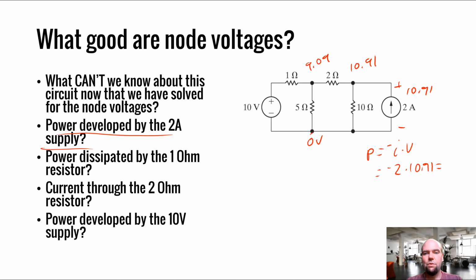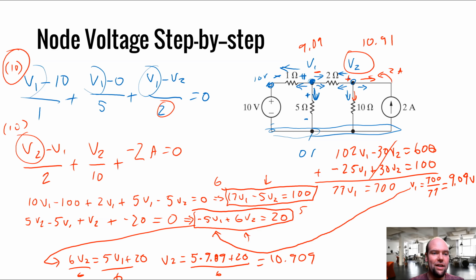What else? What if we want to know the power dissipated by the 1 ohm resistor? So what's the voltage across this 1 ohm resistor? Well, if we know the voltage, we can do power is equal to V squared over R. We actually already solved for the voltage across this 1 ohm resistor back here.